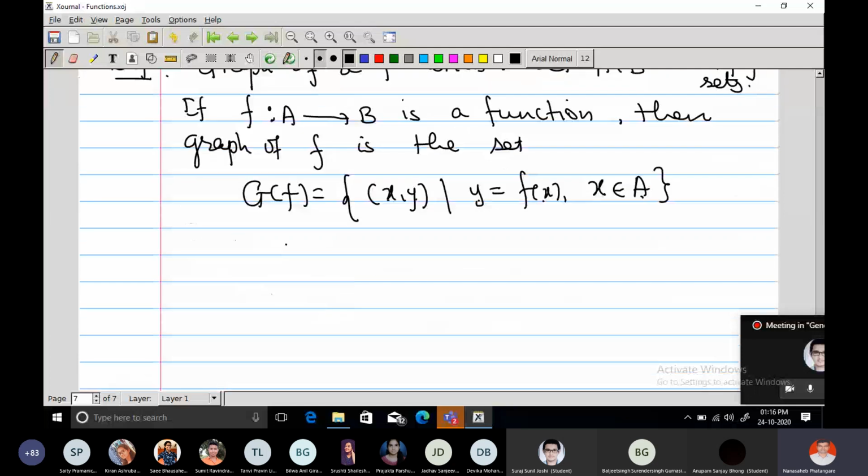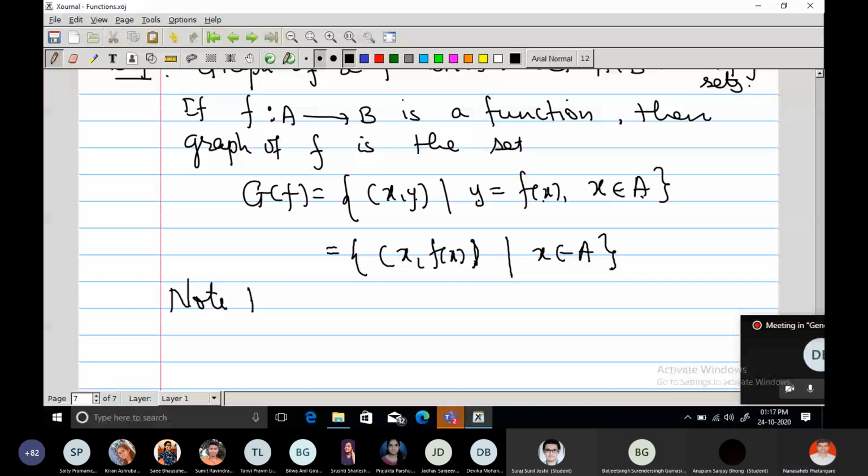Or equivalently, (x, f(x)) such that x is in A. So the definition of graph is clear. Note that the graph of f is a subset of A cross B.